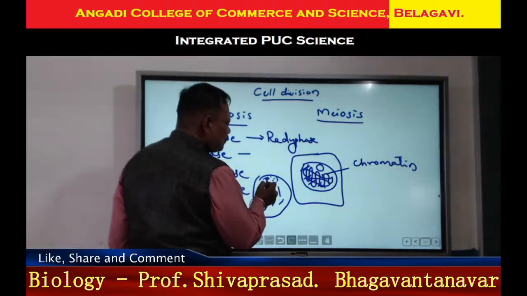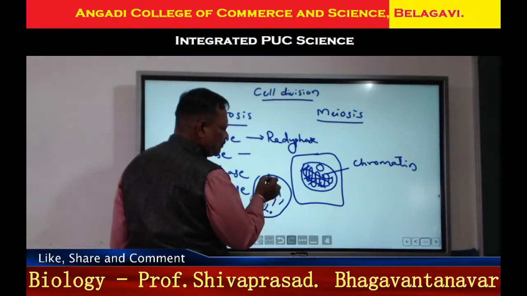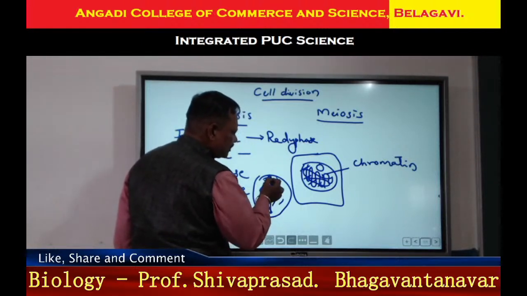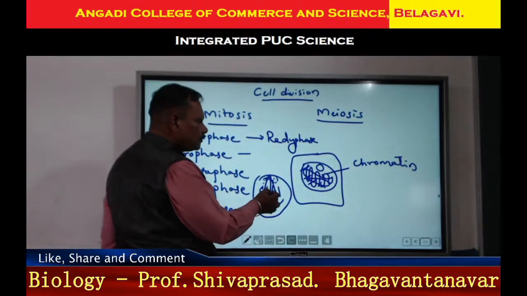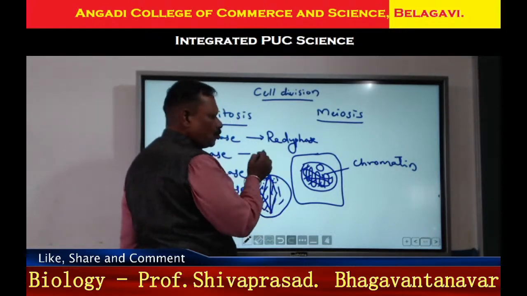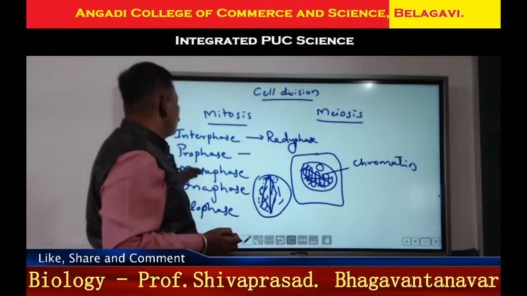Then in the late prophase, the spindle fiber enlarges and this centriole moves to the opposite pole, and then the spindle fibers are produced here. And then the chromosomes slowly come near towards the spindle fiber. This is in case of prophase.